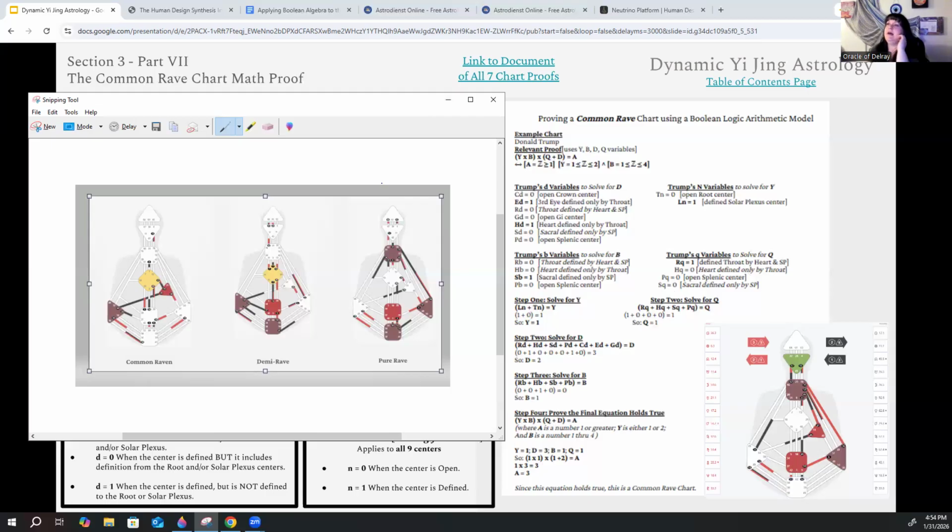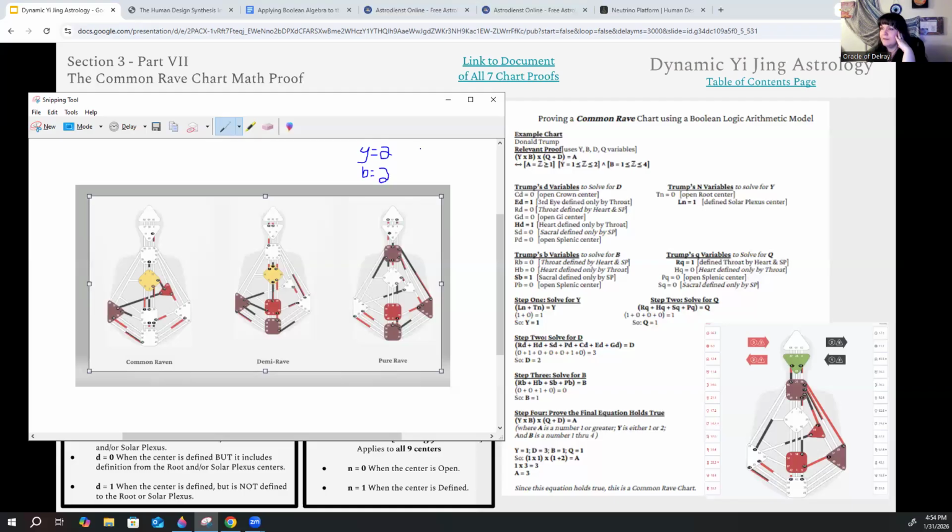So looking at my precious nephew's pure rave chart, Y is 2, which is great. B is 2, which is what you need.